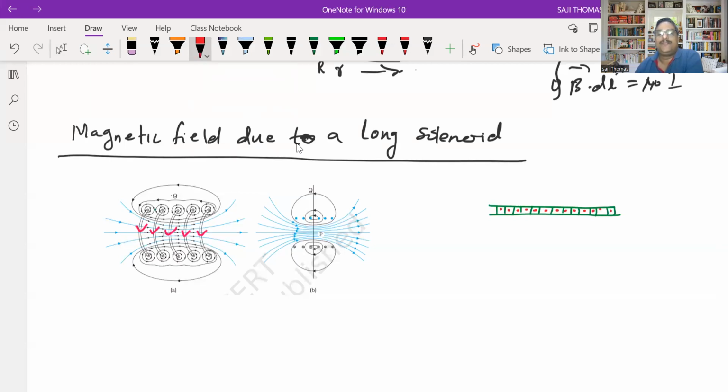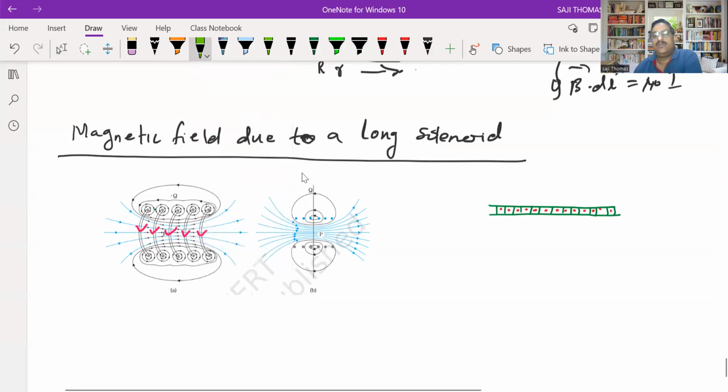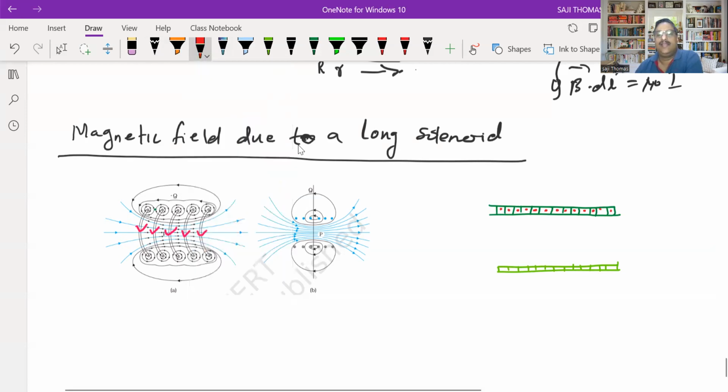Now I am drawing the lower portion of the solenoid, the lower cross section. Here the currents in the turns are moving into the plane of the paper, so I represent them by a cross mark.